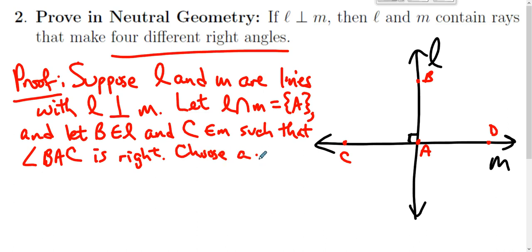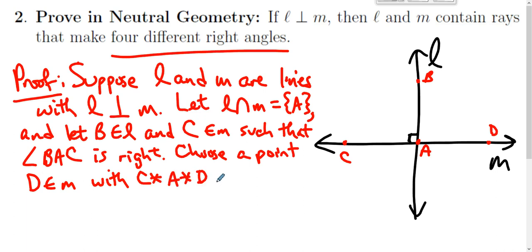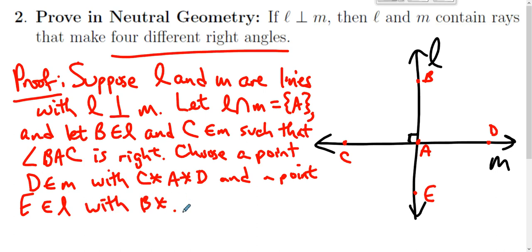Choose a point D on line M with A between C and D, and a point E on line L with A between B and E. So now our job is to argue that this is a right angle, this is a right angle, this is a right angle, and we can do that.